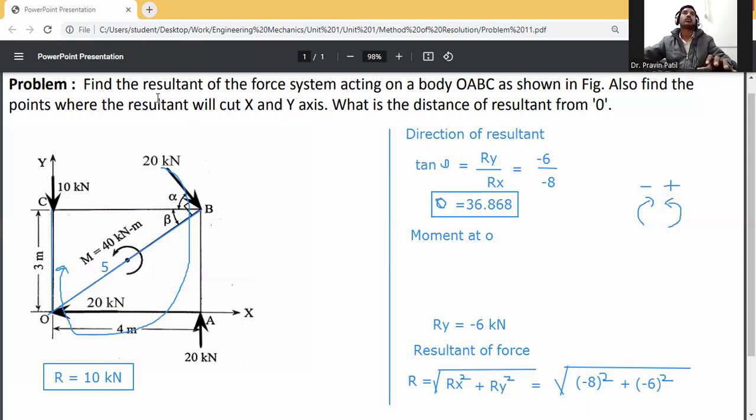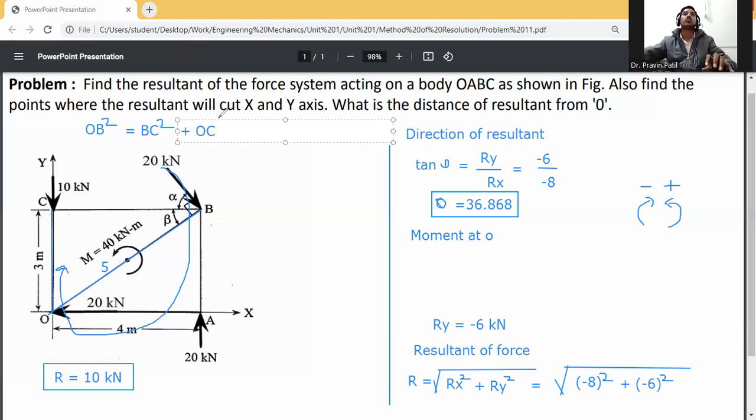We know the Pythagoras theorem for triangle OBC. So OB square is equal to BC square plus OC square.